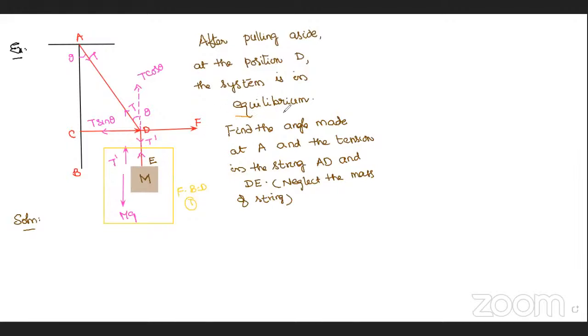Why? Because he clearly said it is in equilibrium. Equilibrium means F net equals 0. F net equals 0 means mg minus T dash equals 0, in opposite direction. So that T dash equals mg. Is it correct?